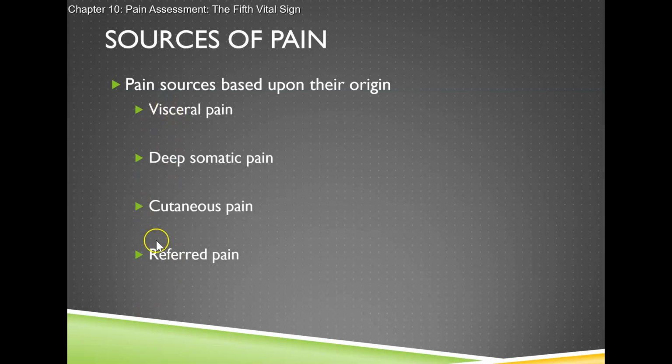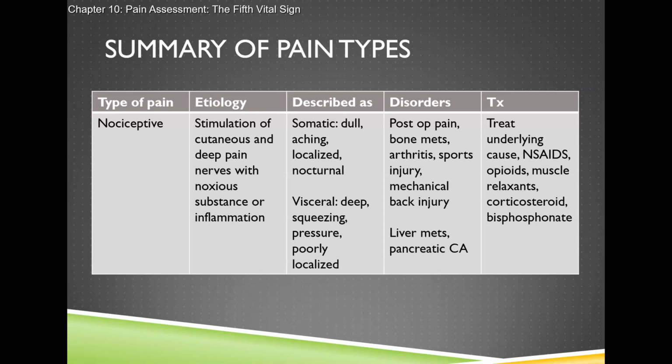If I was the person having pain and it seems like it's in their liver, that would be considered visceral pain. If a person was having pain and they had broken their patella, that would be deep somatic pain, et cetera. That is how I want you guys to understand this.